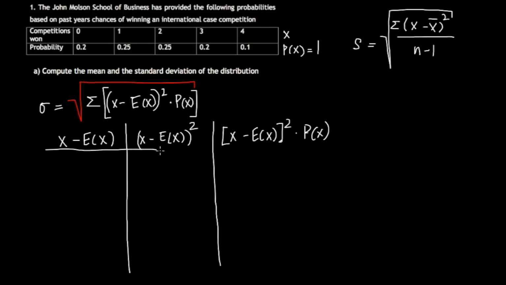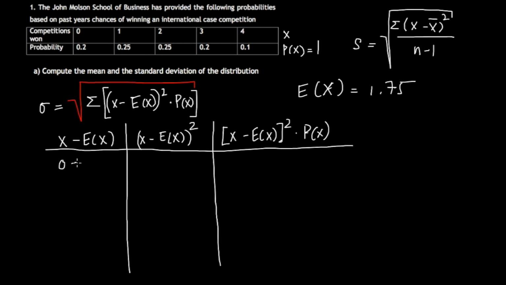So let's go ahead and do that. So the first one, we know that the mean from our first part of the question was, let's rewrite it over here, it's equal to 1.75. Okay. So the first column right here is going to be each outcome minus the mean.